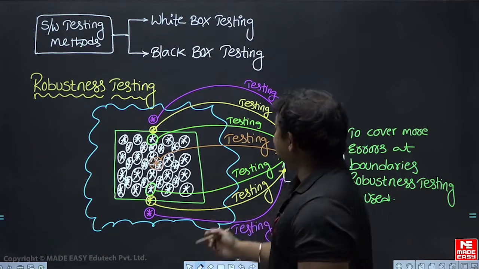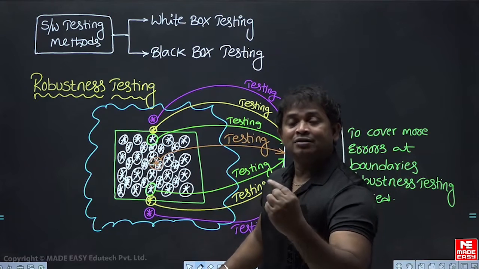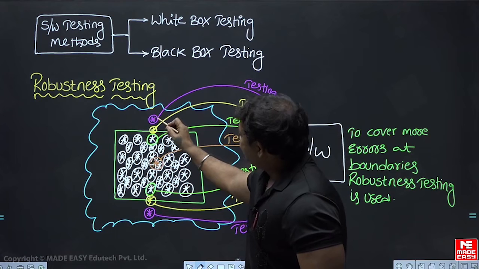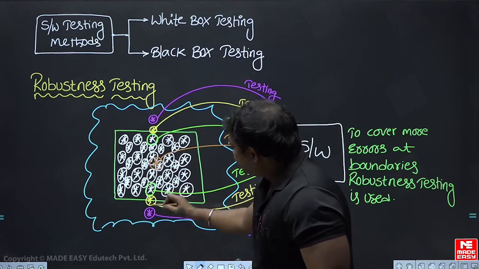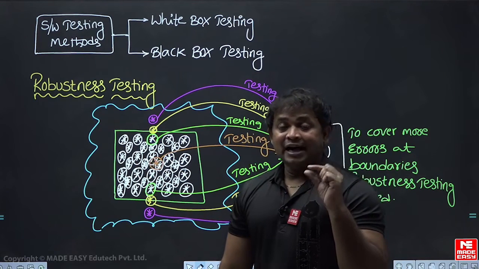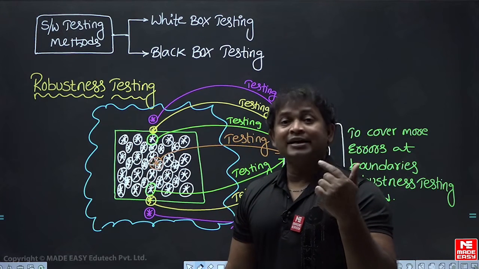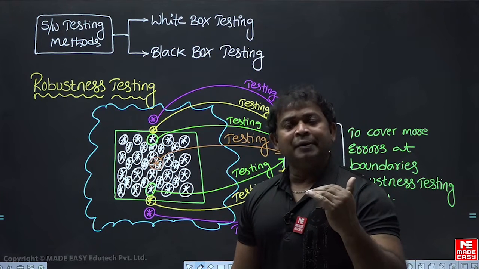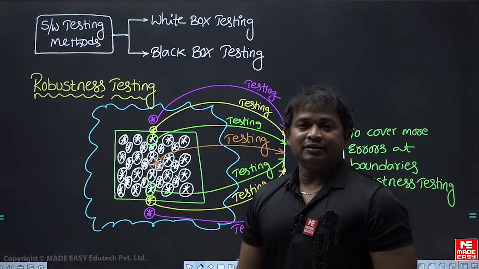After that, conduct the testing just above and below the lower limit, and just above and below the upper limit. Conduct the testing at the lower limit and at the upper limit. Also conduct the testing just above the lower limit, just below the lower limit, just above the upper limit, and just below the upper limit.